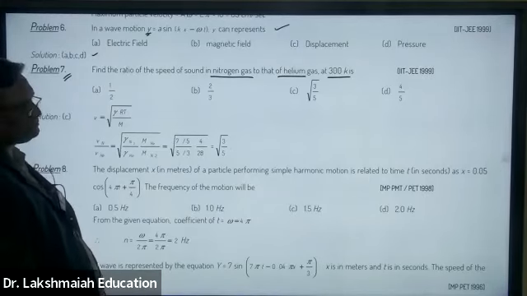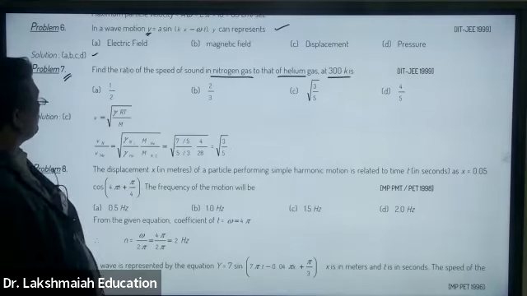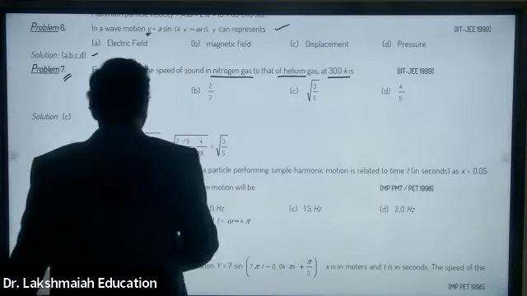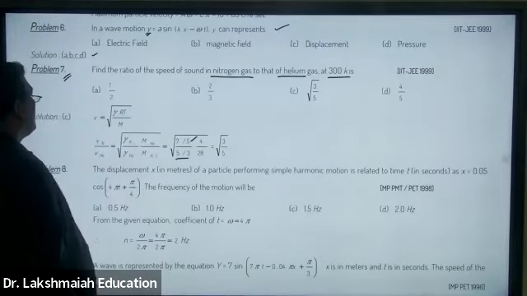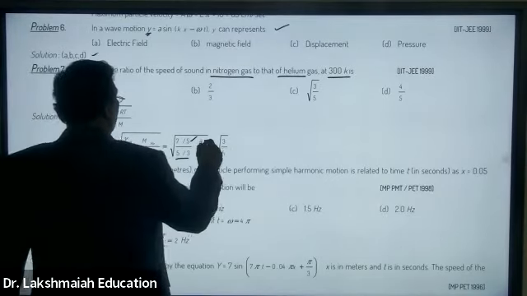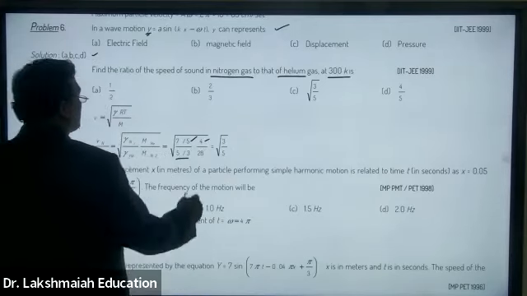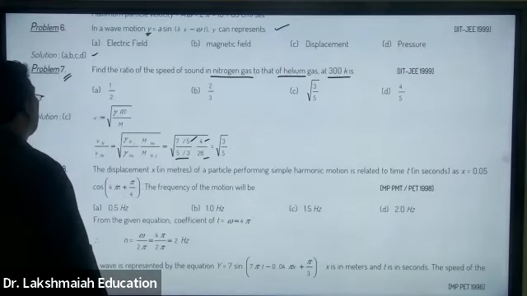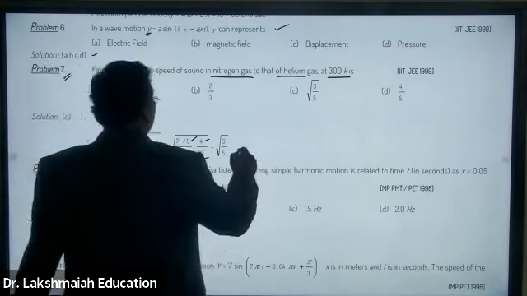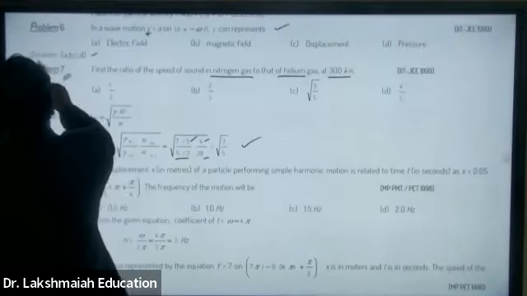Diatomic, sir. Gamma value for diatomic is 7/5. Helium is monoatomic, that is 5/3. Mass of helium is 4, mass of nitrogen is 28. Now the answer is root over 3/5. Very important question.